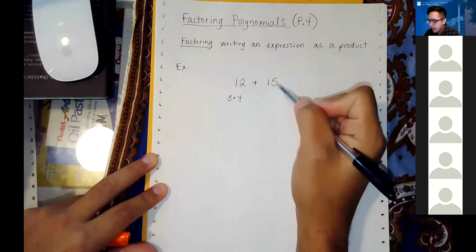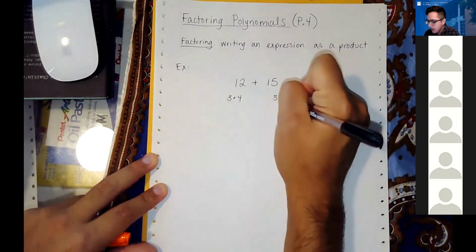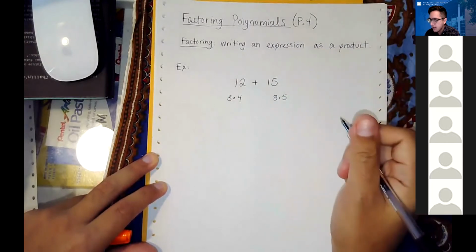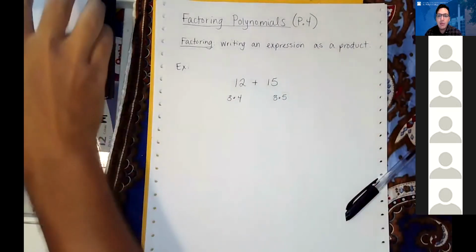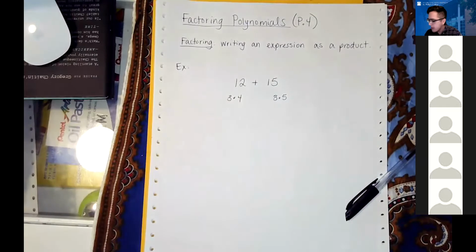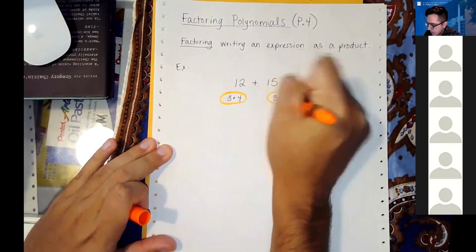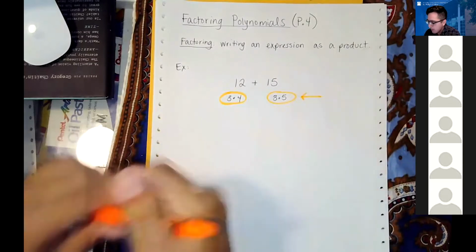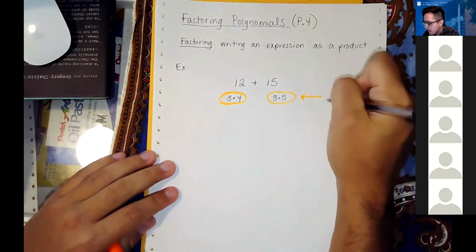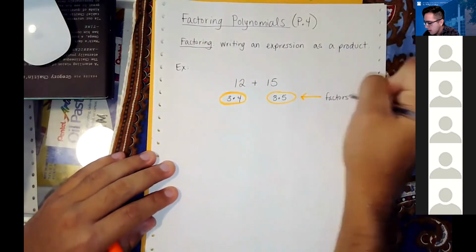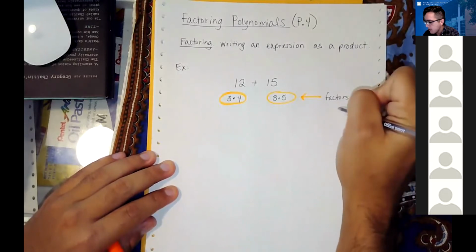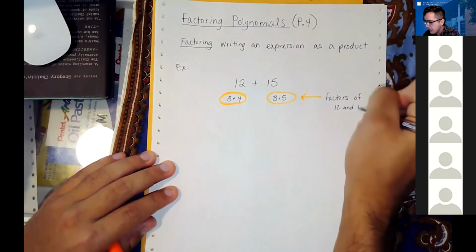And then we might write this as 3 times 5, since that is 15. Well, these numbers right here are some of the factors of 12 and 15.